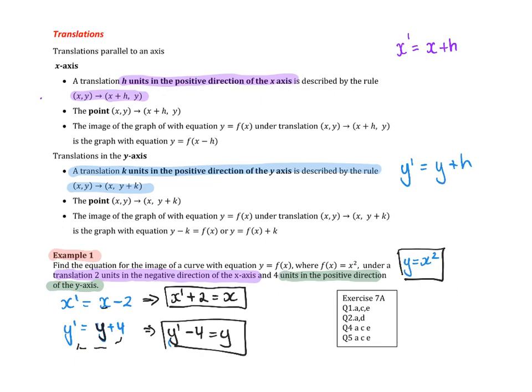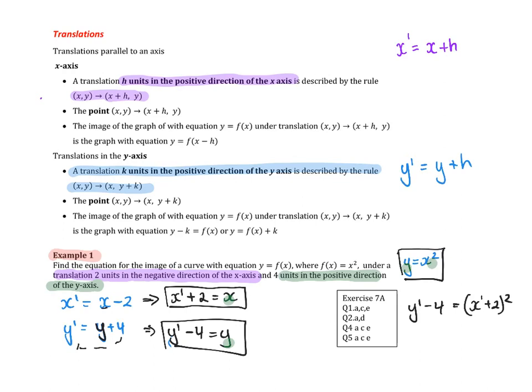So what I'm going to do now is take what x is and y is and put it into here. So y is actually y' minus 4, and that equals x squared. Well, x for us now is this, but squared.